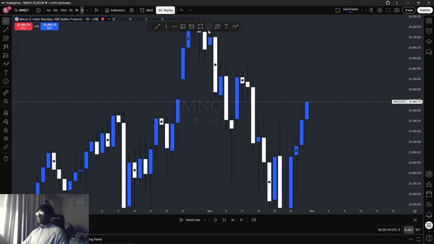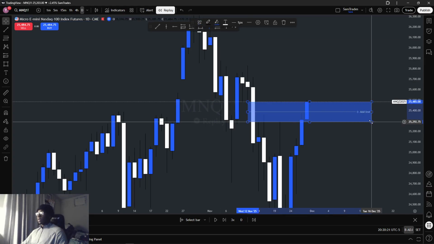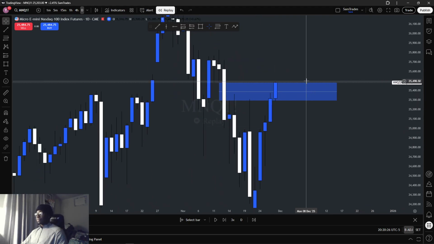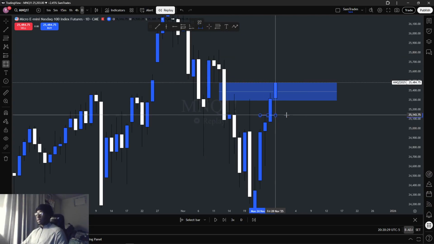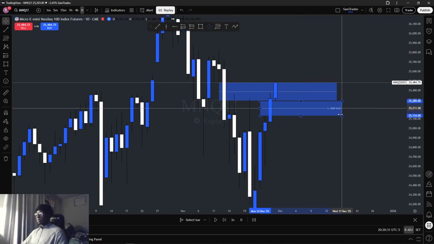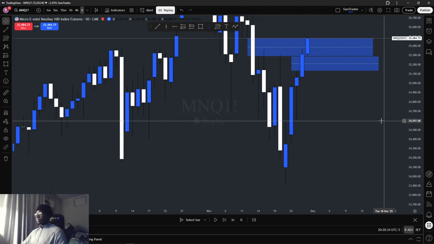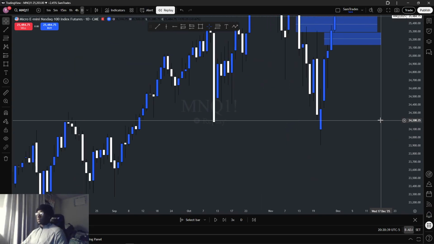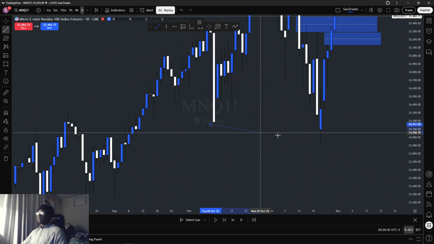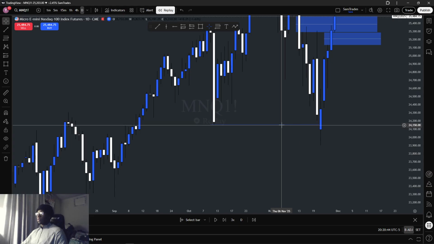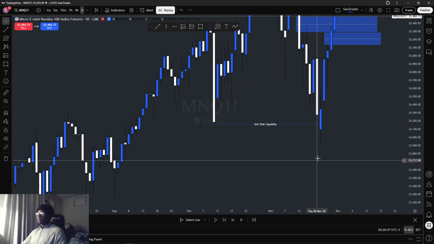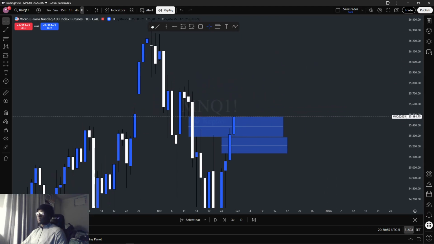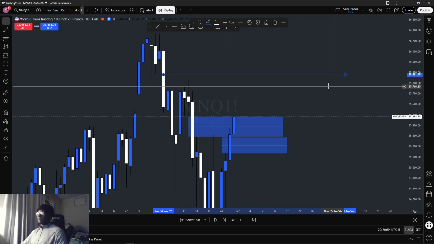We are inside this daily gap right here. We obviously want to inverse it. There is a daily gap right here that can be traded into. So what I do here is just observe that price swept this low down here, and price could be targeting these highs up here.